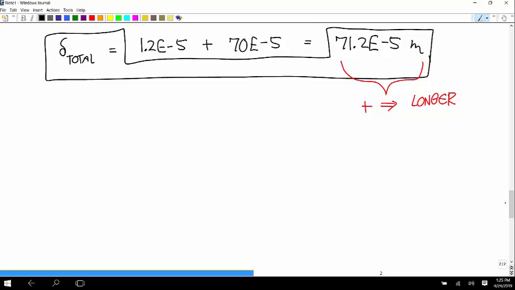Just adding them together? Yeah, so you can just add those two together. So you could have problems where there are only loads causing the elongation or contraction, only thermal changes, or both of them. Just add them together.